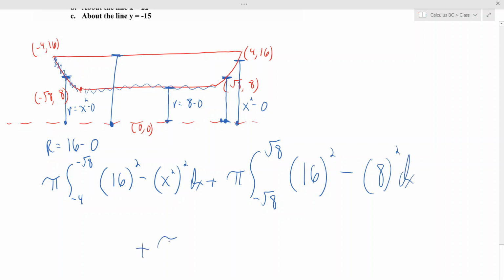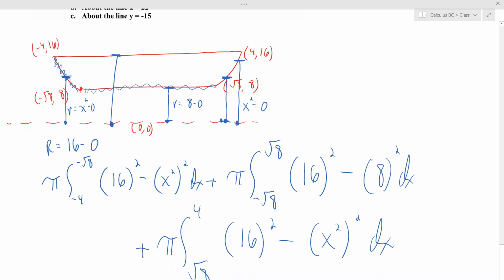Plus one last integral, and we could have doubled up the first one because it's the same exact shape over there. But this is going to go from positive √8 to 4. Big R is going to be 16 because it's that everywhere. And this one's going to be x squared minus 0 squared dx.